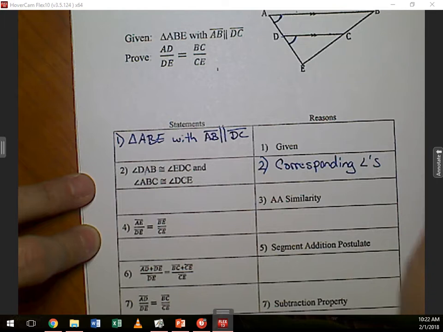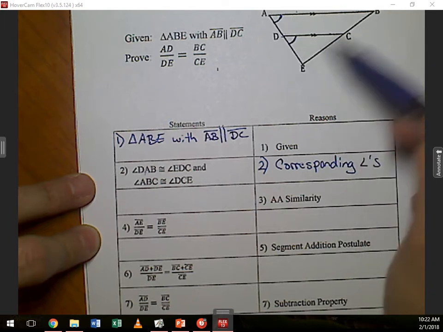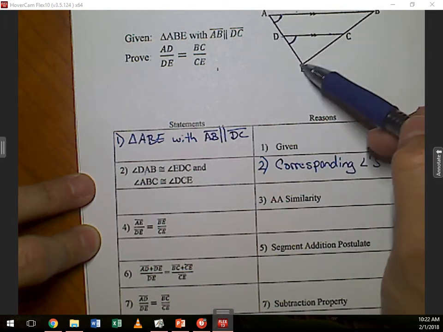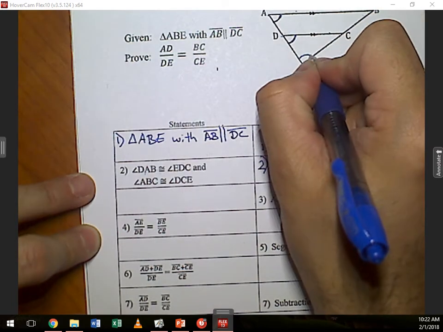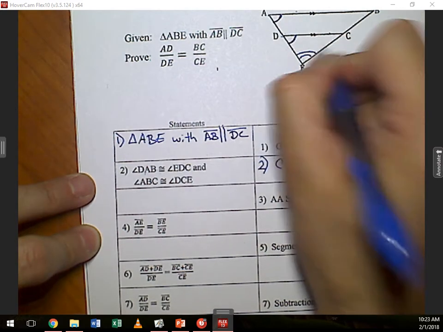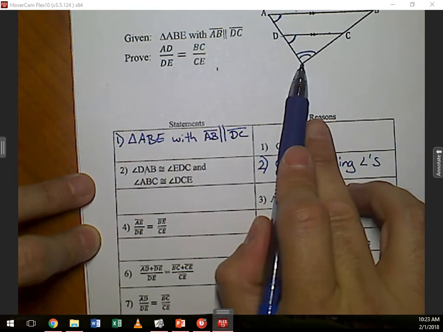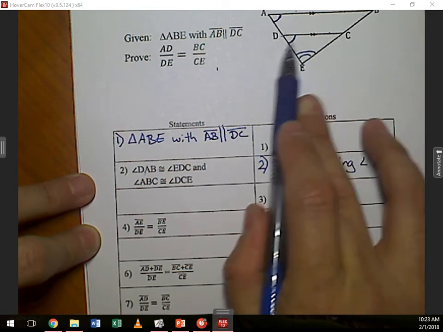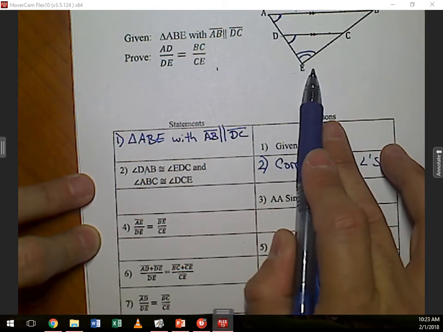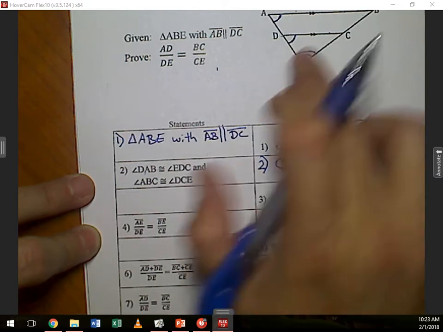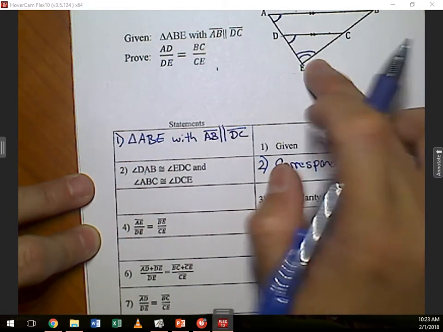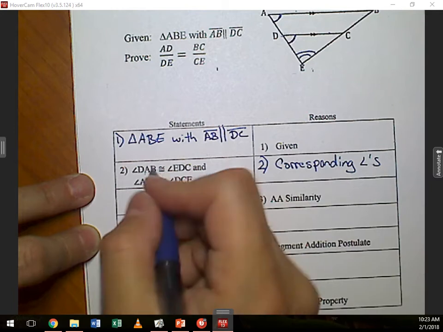DEC would be congruent to AEB, right? Why? Do they both have the same angle? Yes, since both these triangles have angle E in them, I would say that angle E is congruent to angle E. So I'm going to fit it in here.